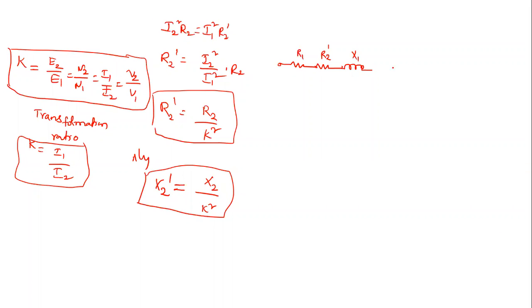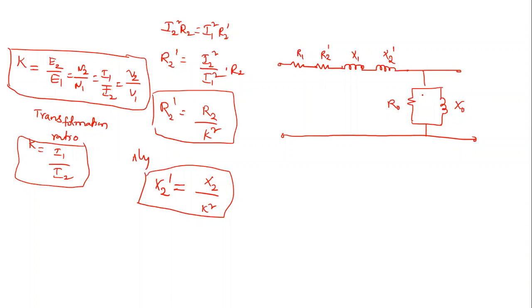X1 is the primary reactance, and the secondary reactance referred to the primary is X2 prime. Of course, the no-load parameters are given by resistance R0 and reactance X0.